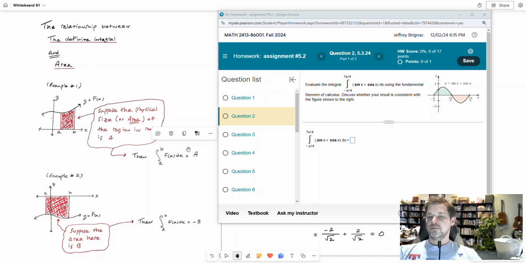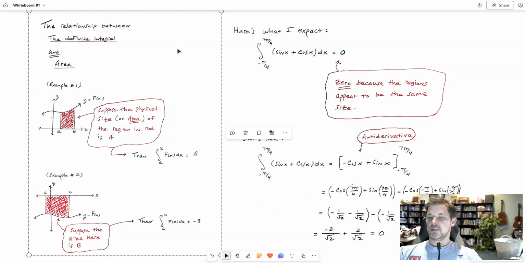So I give you two scenarios to think about. Suppose I have this graph of some function f of x, and it's entirely above the x-axis from a to b on the x-axis. Also, suppose the area of that region in red, below the curve and above the x-axis from a to b, is capital A, some positive number.